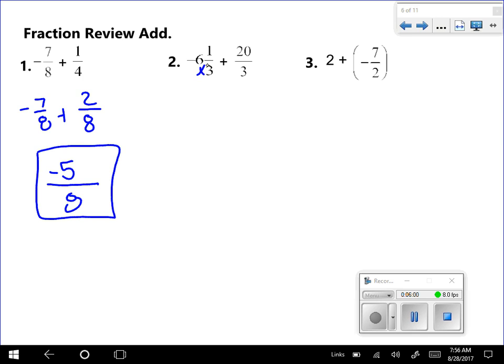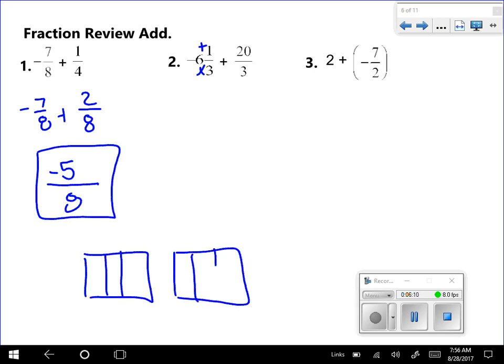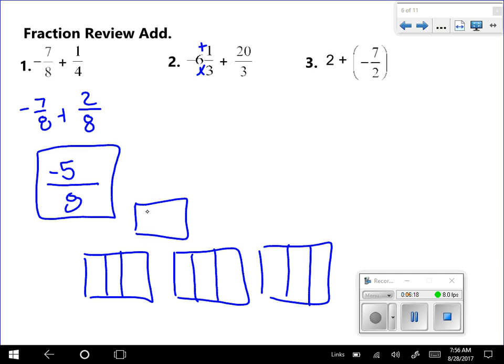So you may remember to do that we multiply the denominator times the whole number and add the numerator. Well, why do we do that? Okay, if we draw out 6 boxes here that are all in thirds. Why thirds? Because my fraction's in a third. I can show you why we would do this.